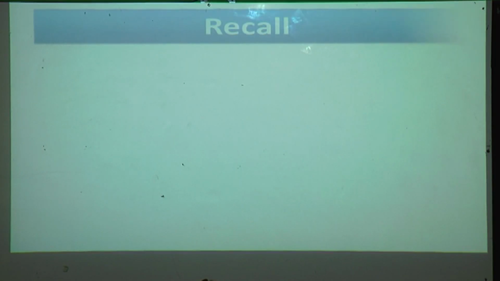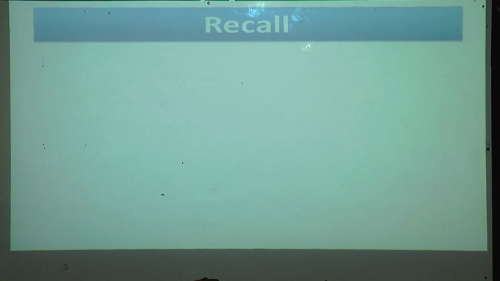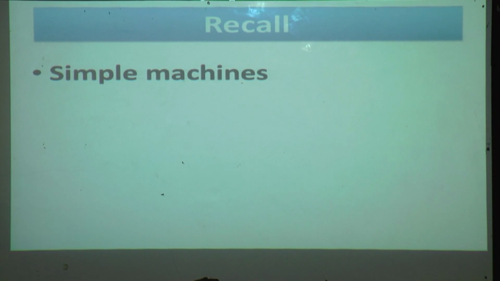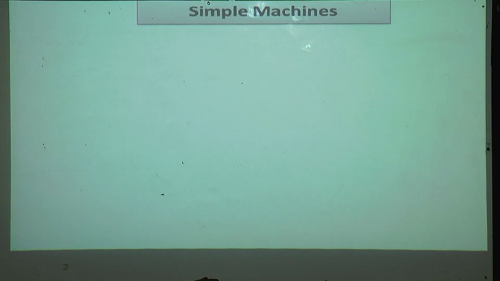Let us recall from the previous session. We will see what we have seen in the previous session. We have seen about simple machines and about energy. We will see in detail. Simple machines.